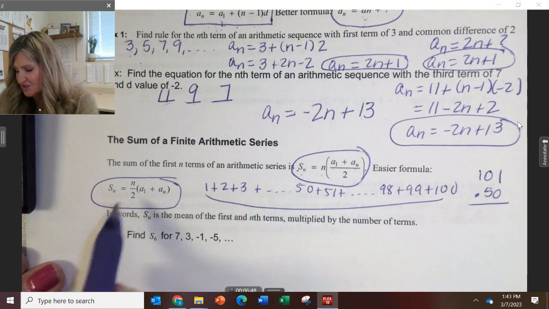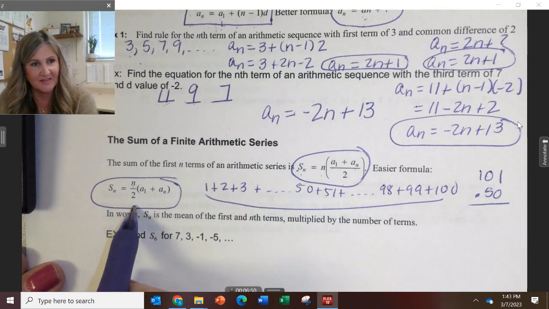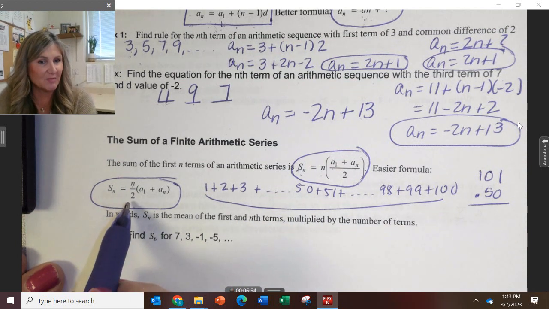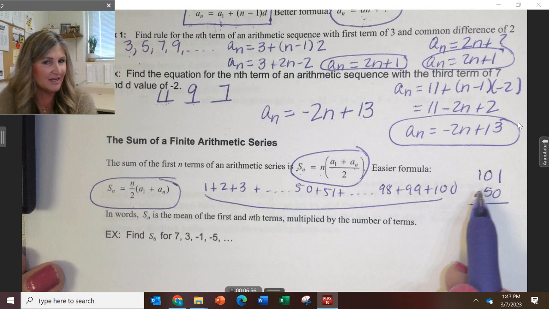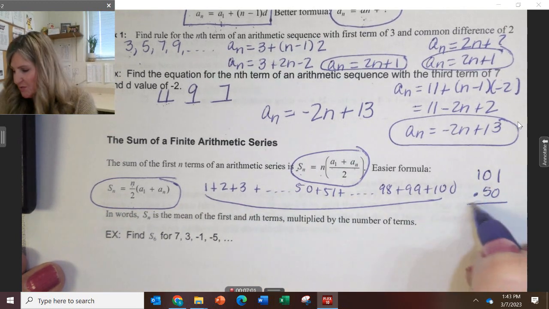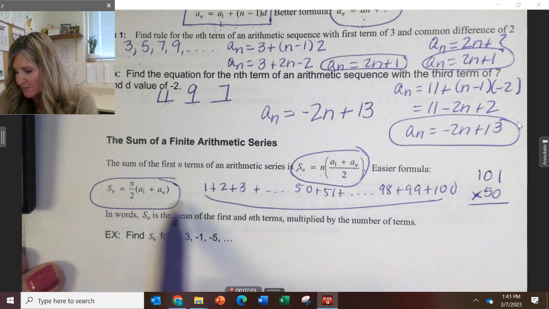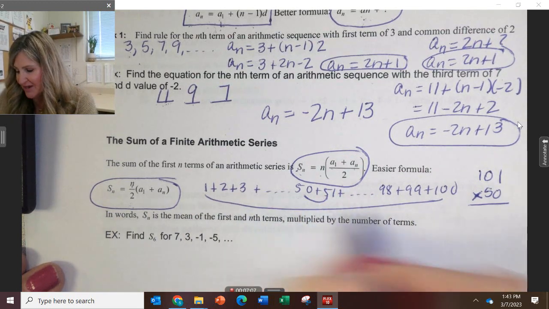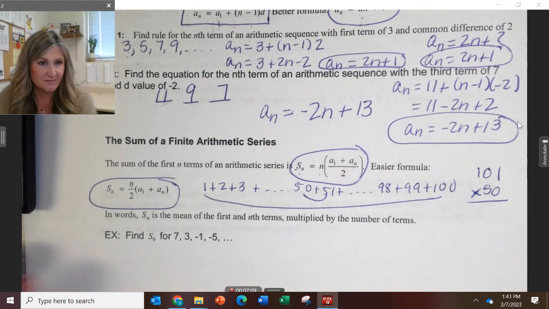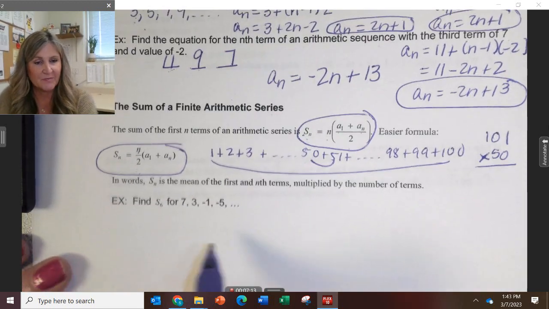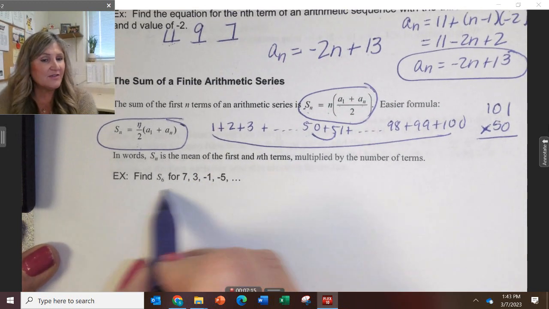And 50 is just the number of terms he had divided by 2. So I think this one is easier for me to memorize because I just think of whatever he did. He added the first and the last, got that, and then multiplied it by the number of terms, which was 100 divided by 2, because he had 50 pairs of 101s. However you want to do it is fine. Both formulas work.